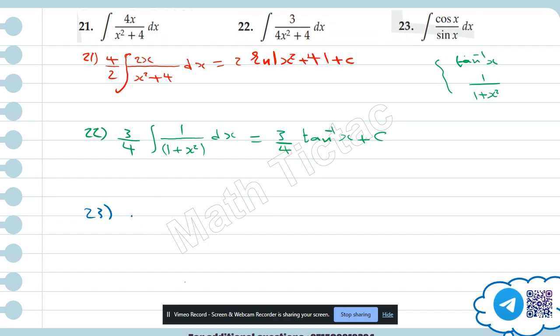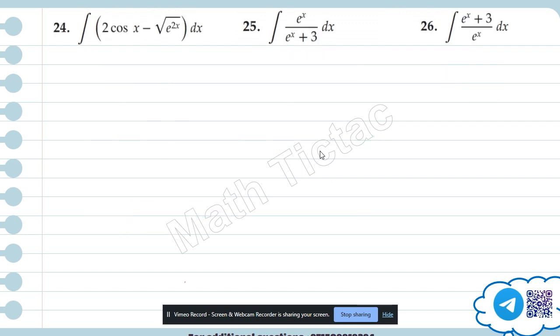The derivative of sine is cosine. So the integration of cosine x over sine x dx is equal to ln the absolute value of sine x plus c, because the derivative of sine, which is cosine, we can find in the numerator.